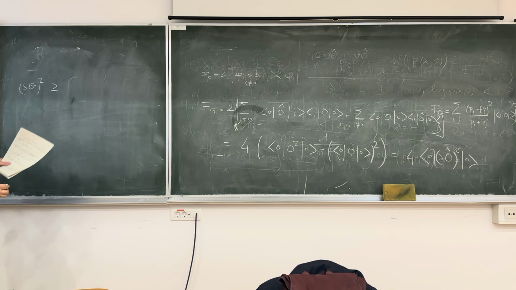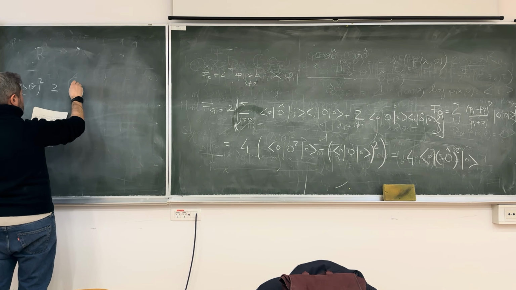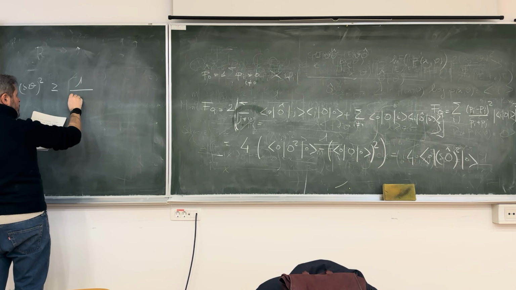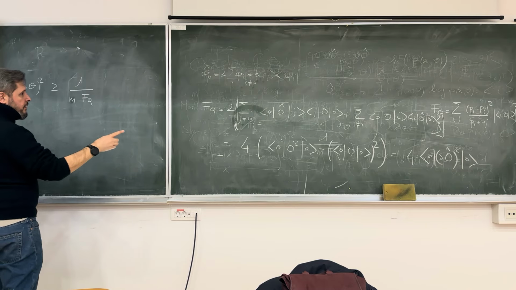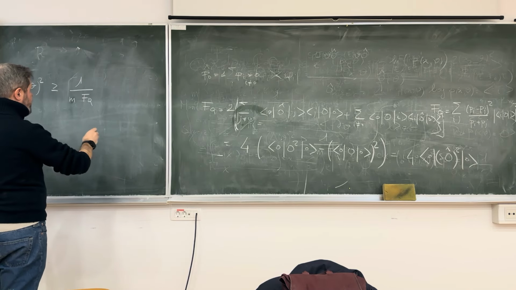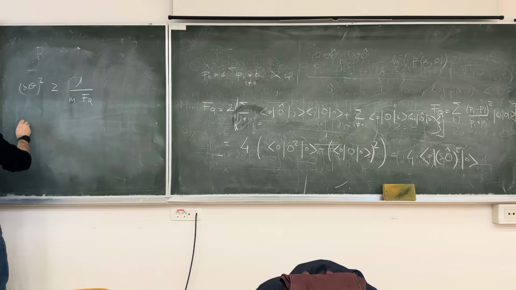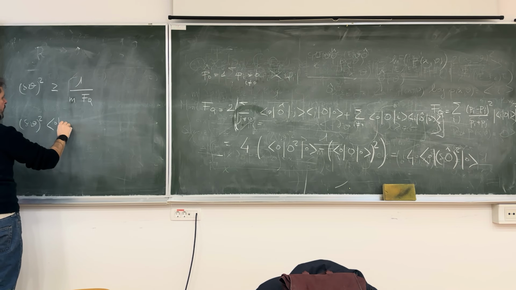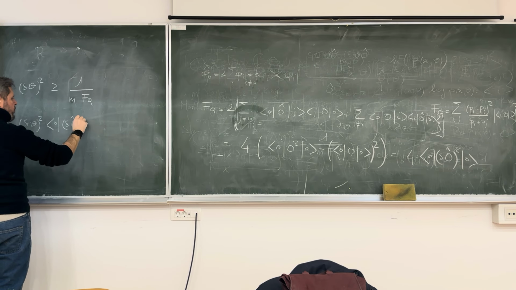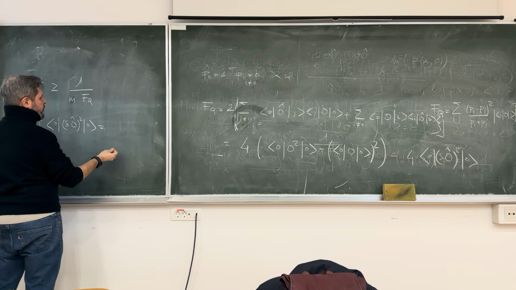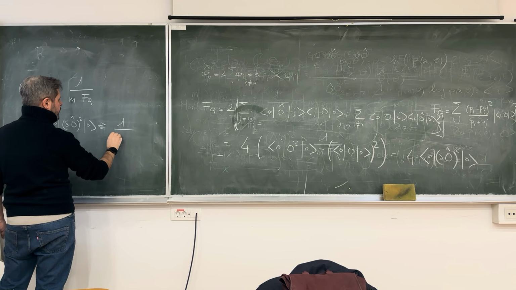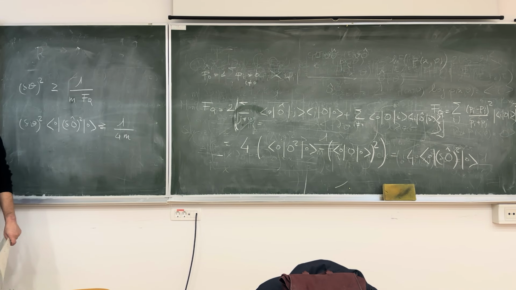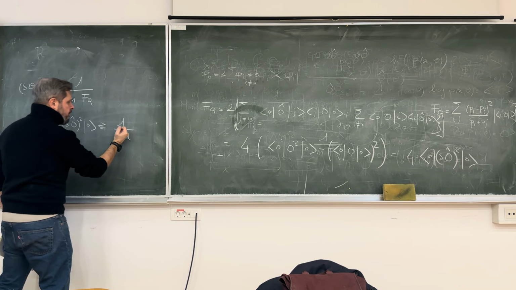Did I write it? Yeah, I wrote it, right? Greater or equal than 1 over m times F_Q. Now, let's say that we are dealing with a pure state, like that one. So I would get the delta theta squared times the average of delta O squared is greater or equal than 1 over 4n. Imagine that you're doing one measurement, so n is equal to 1.